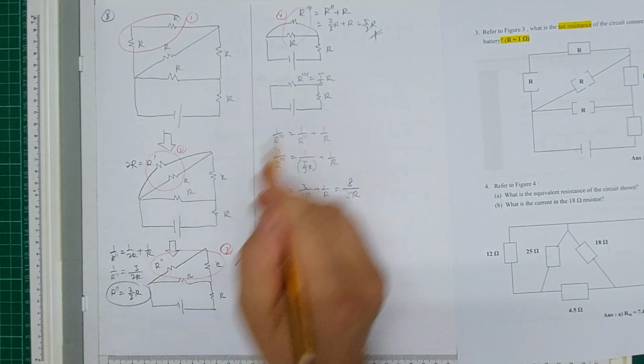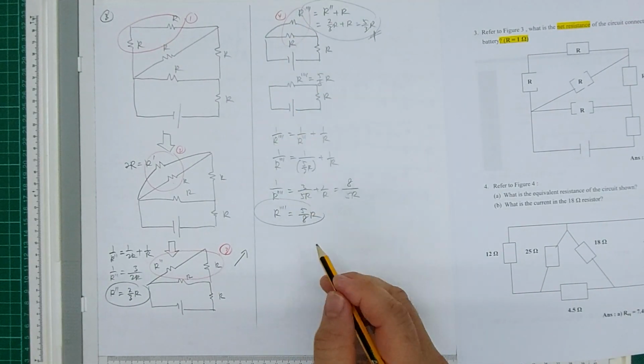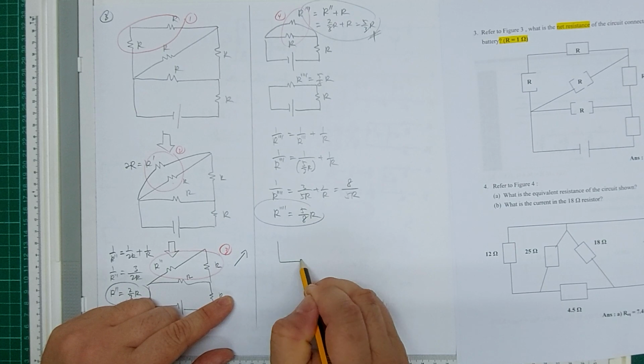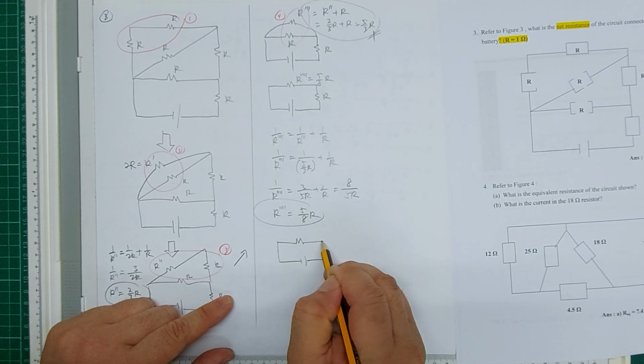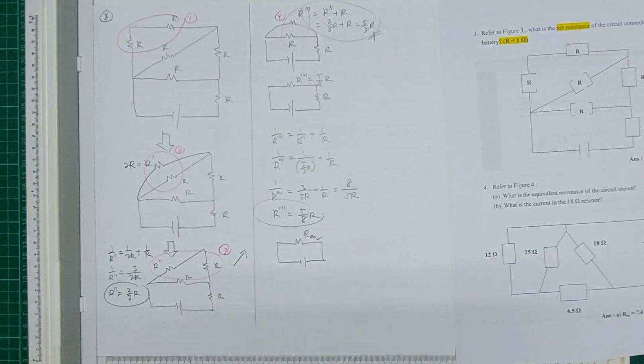Alright. Now, what's next? Well, they are in series. Just combine them. So now you have only one single resistor. And now we don't use prime anymore. Why? Because it is the last one, we use equivalent.